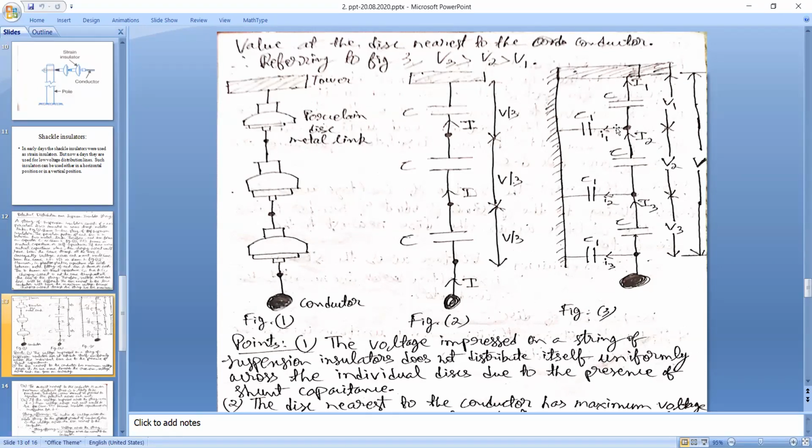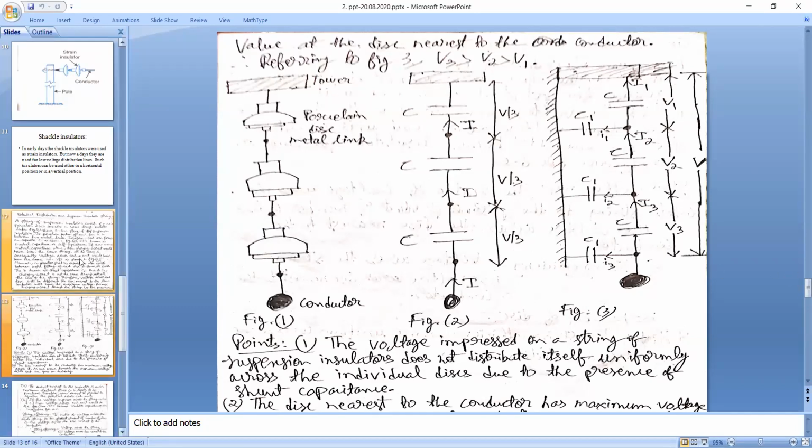Because of the leakage currents small i1, small i2, and small i3 flowing through the C1s. So the current distribution is not uniform, and as a result the voltage distribution will also not be uniform. Across the topmost capacitance C is voltage V1, across the middle capacitance is V2, and across the bottommost capacitance is V3. V1 plus V2 plus V3 gives the total voltage for the entire insulator string.